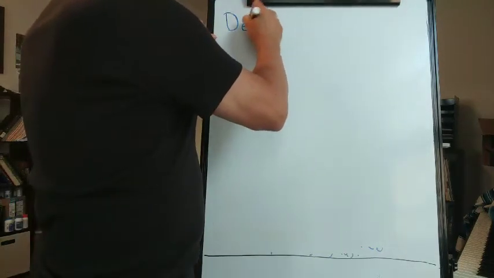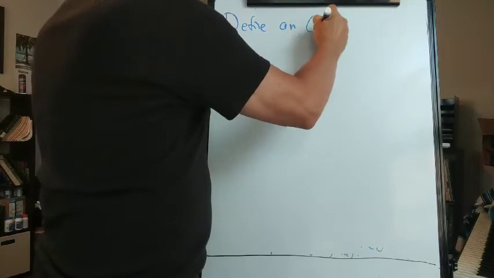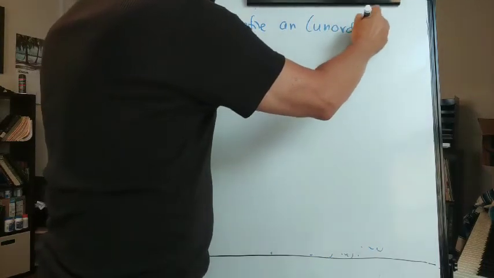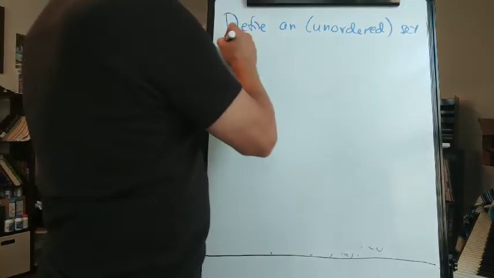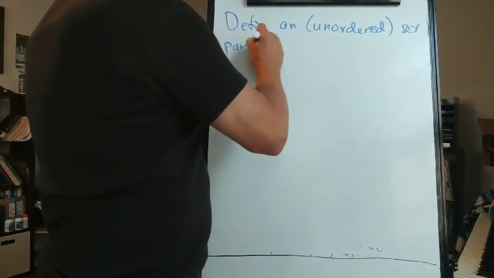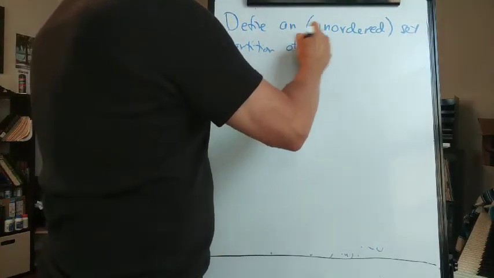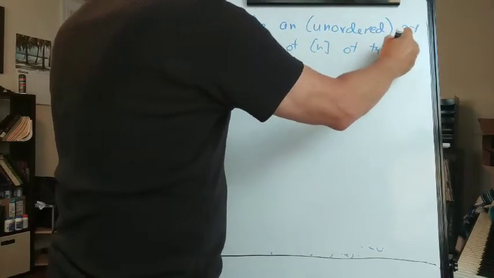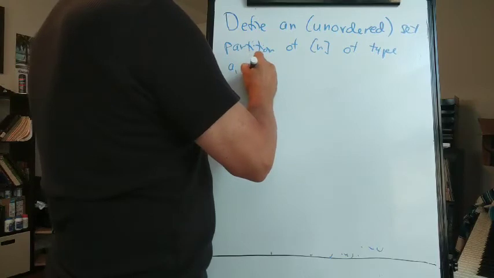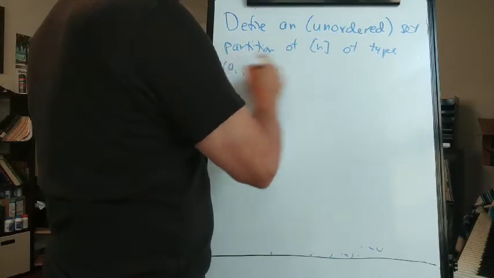So let's define an unordered set partition of 1 through n of type a1 through ak.